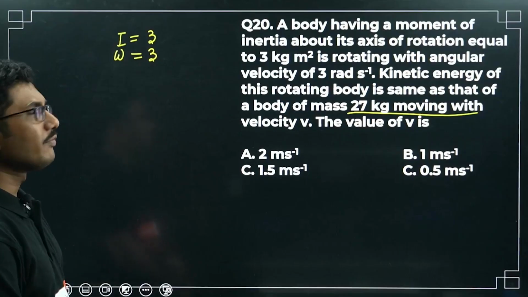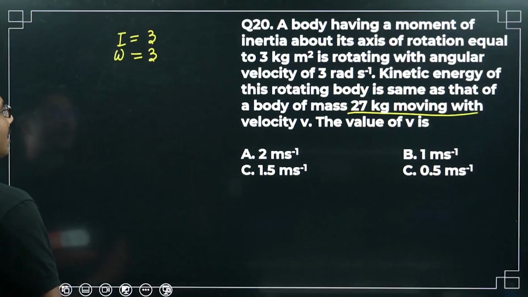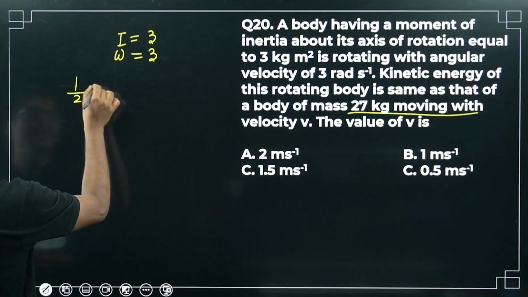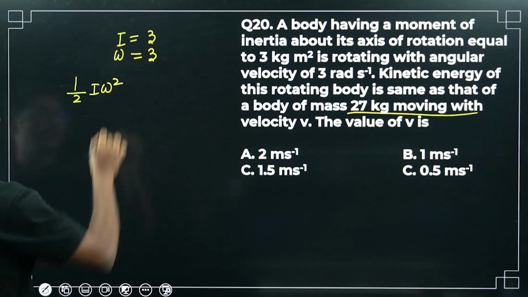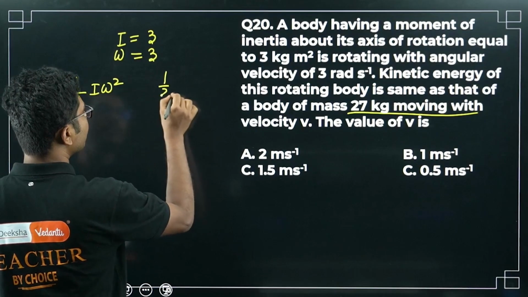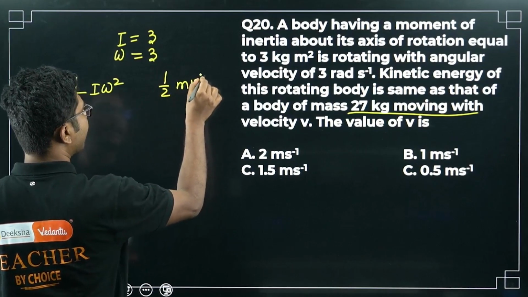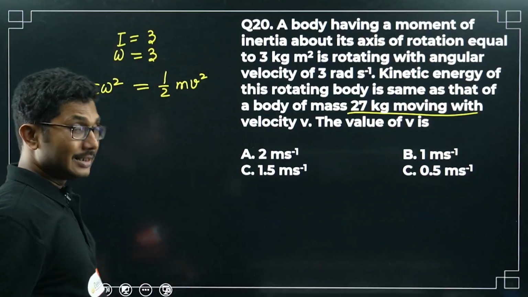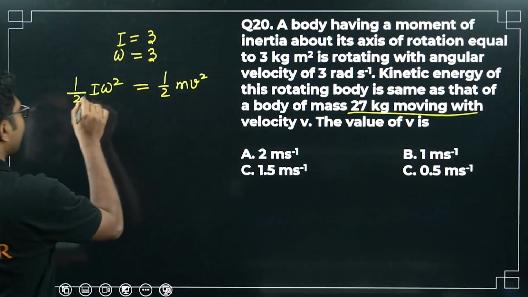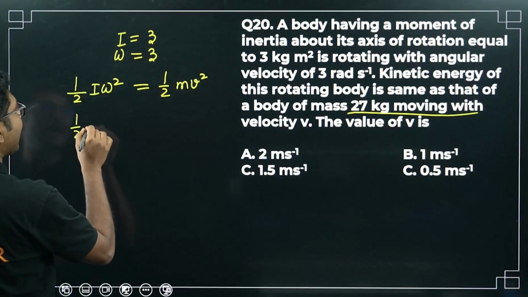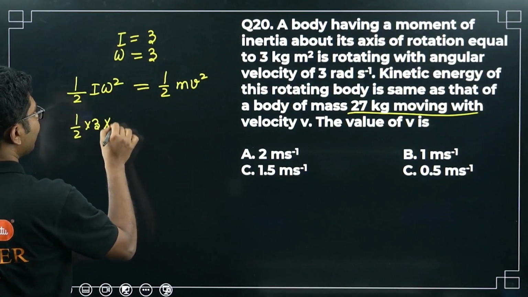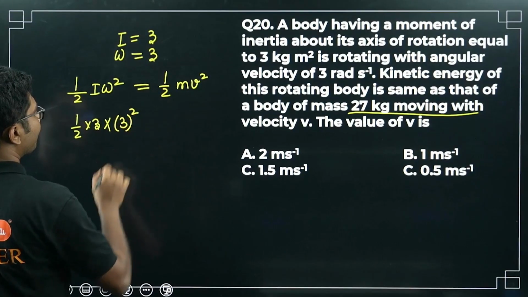The value of v is, so we know that for a rotating object the kinetic energy is given by half I omega square, and for an object in linear motion it is half m v square. Now in this case they are equal. For the first object, the rotating object, I is 3 and omega is 3, so 3 square.